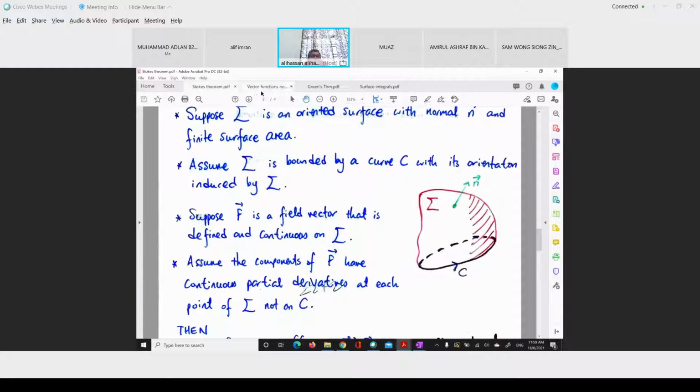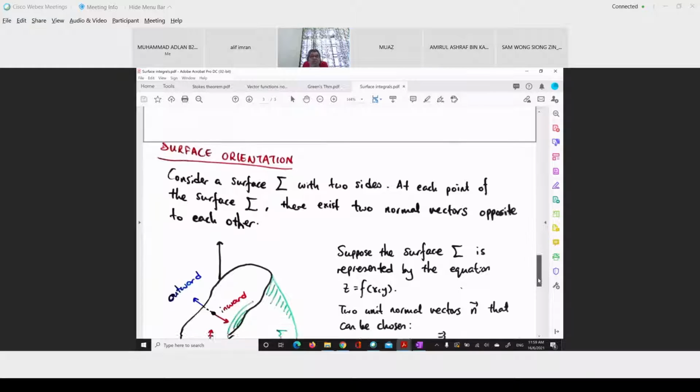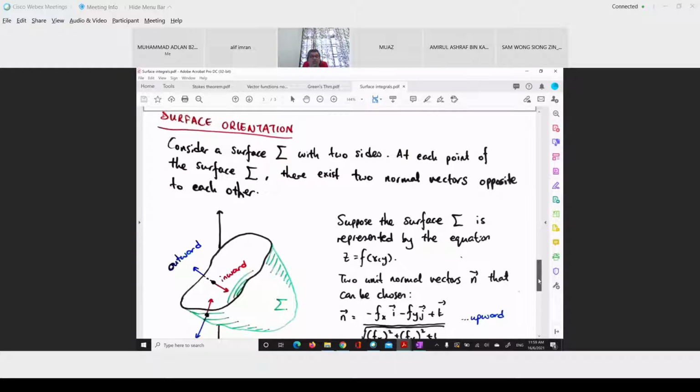So now I discuss the surface orientation. Stokes theorem requires a surface orientation here. So consider a surface sigma with two sides.